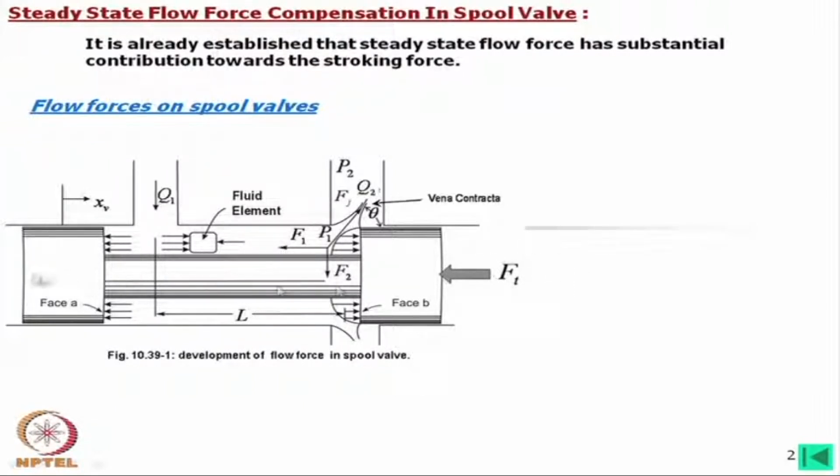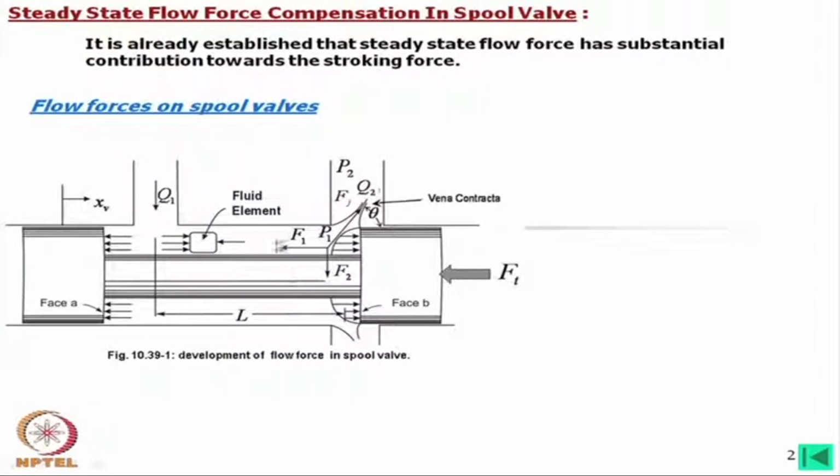Apart from the other force, when this spool is accelerating, we have to consider the mass of that, and if there is pressure imbalance anywhere, we have to consider that force also. So, total force is calculated in that way, but this force may be 30%, 50% of the total force.